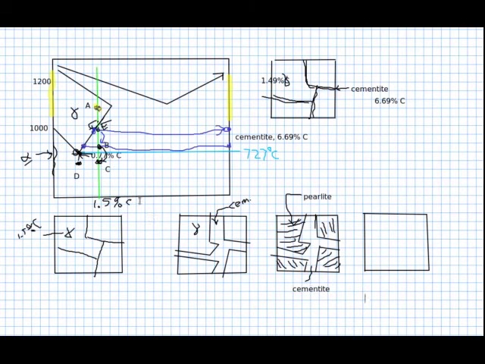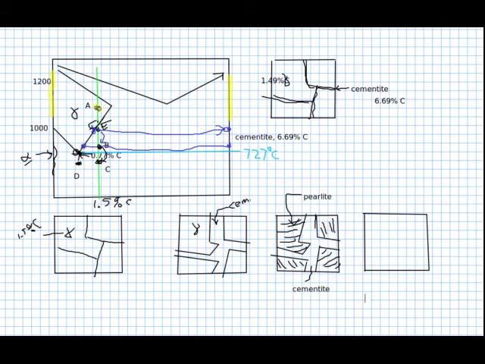Okay, and finally I asked you what would happen if, instead of lowering the temperature further, I asked you on the test to draw a diagram for what I'd have if I cooled a sample down to point D. So what if I had cooled it and it started at 0.7% carbon instead of starting at 1.5% carbon?